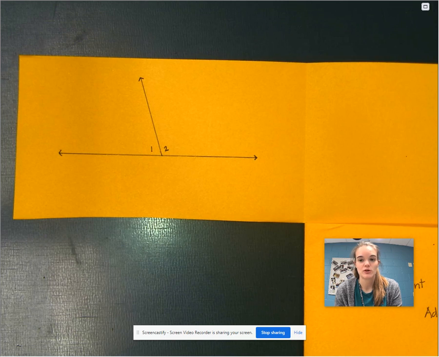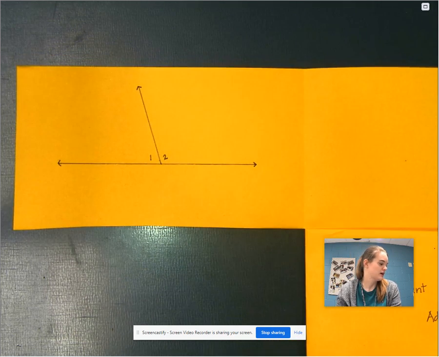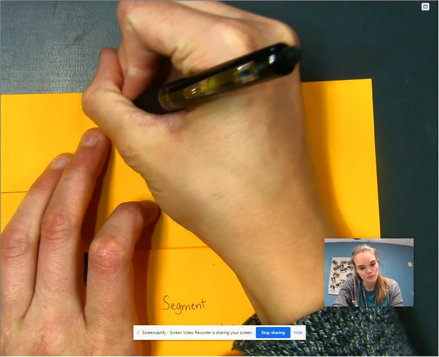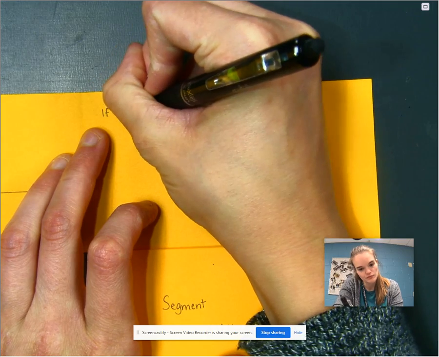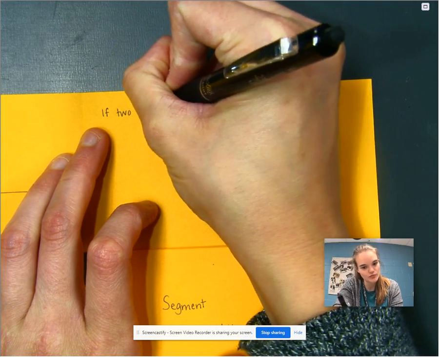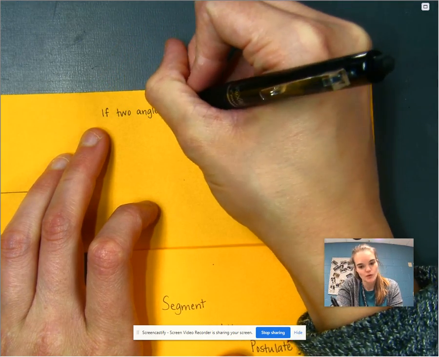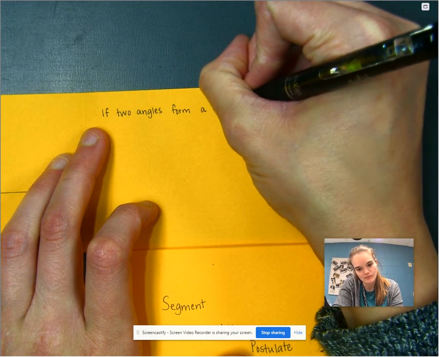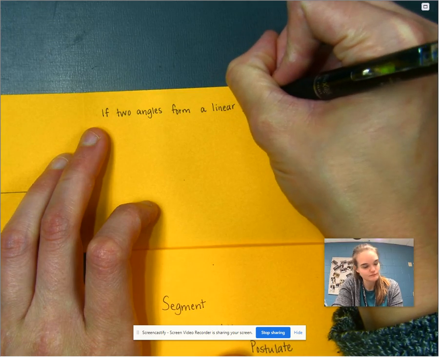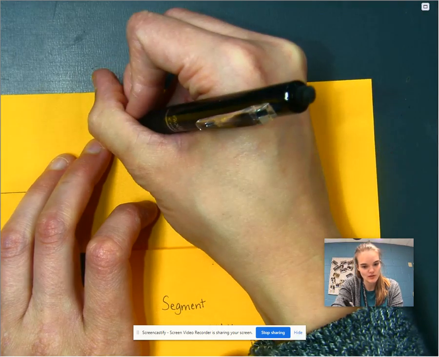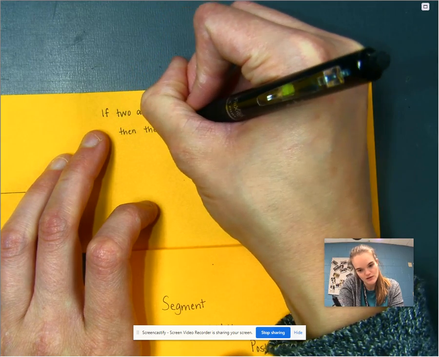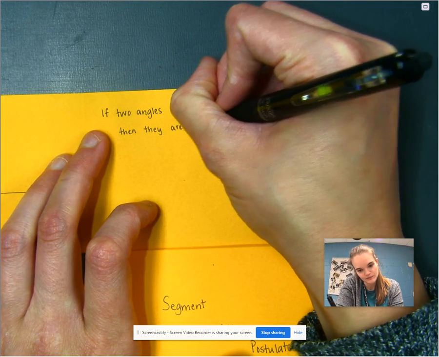And the word supplementary means they add up to 180 degrees. So we're going to write that over here on this side here. If two angles form a linear pair, then they are supplementary.